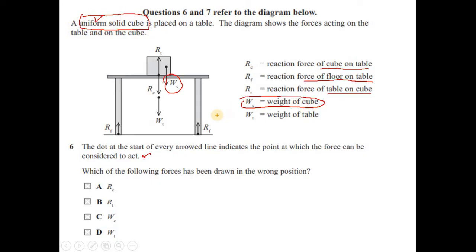For a uniform object, the weight is considered to act at the center of gravity, so WC should be at the middle of the cube, somewhere here, and it is wrongly drawn. So the option is C.